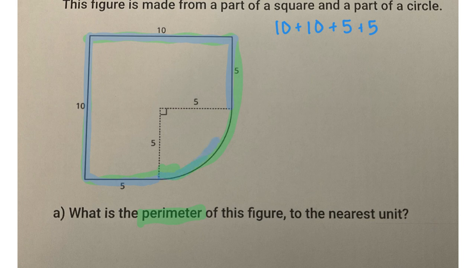This green part, if you notice, it kind of looks like part of a circle. And that's because it is part of a circle. So if I took this part right here, and I'm going to say that this part of the circle is right here, we've got this part is 1/4 of the entire circle circumference. So I'm going to find the circumference. My radius is 5. That means my diameter is 10 times 3.14.